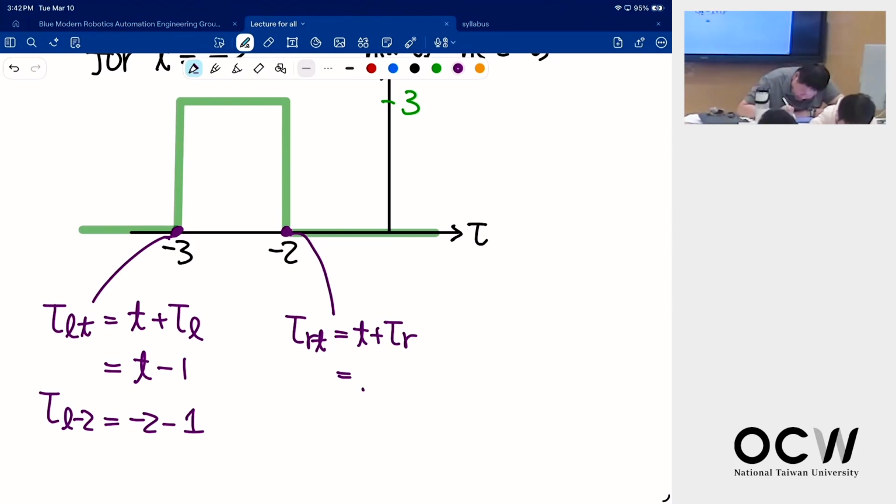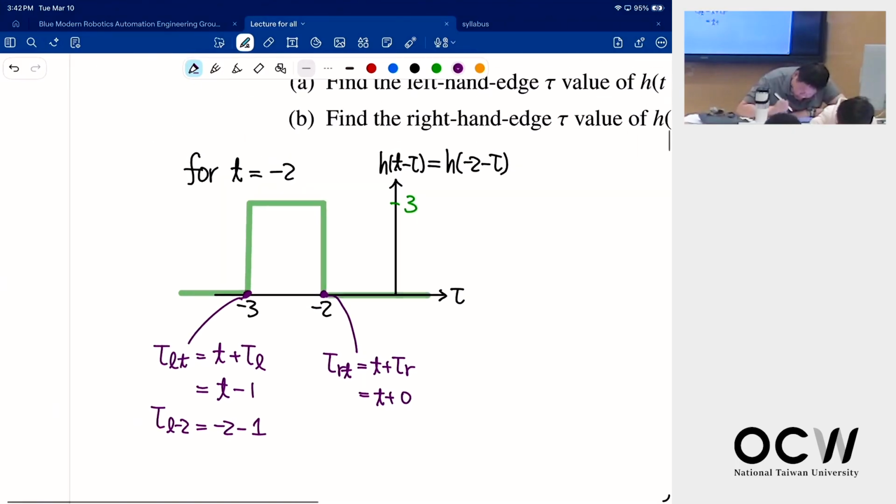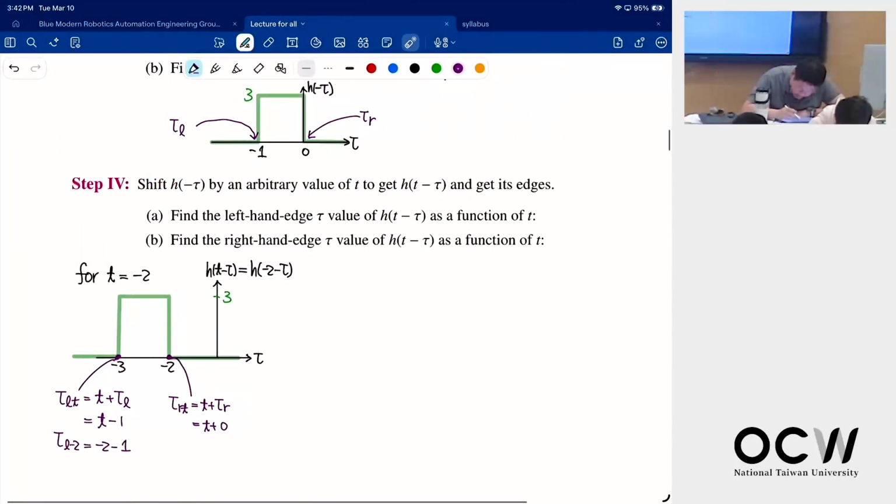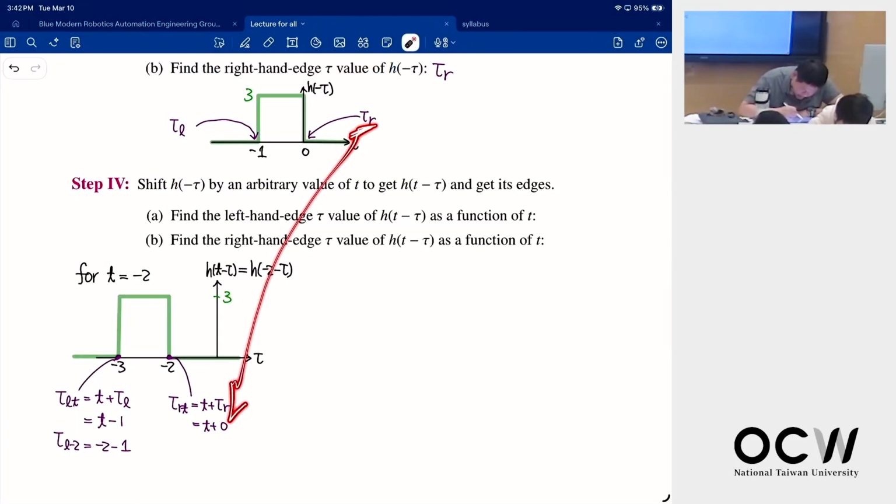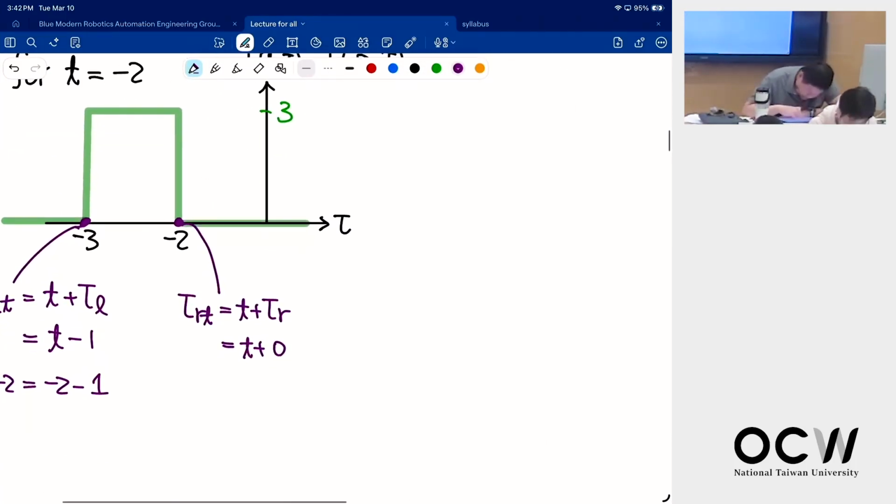Here is t plus 0. In this case, tau right is 0. So it will be minus 2 plus 0.